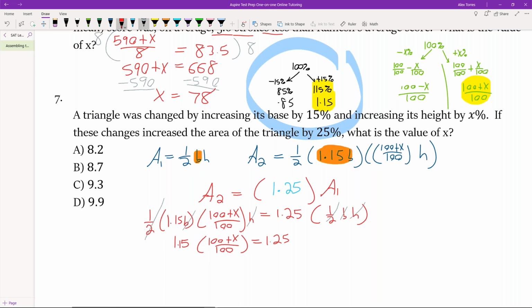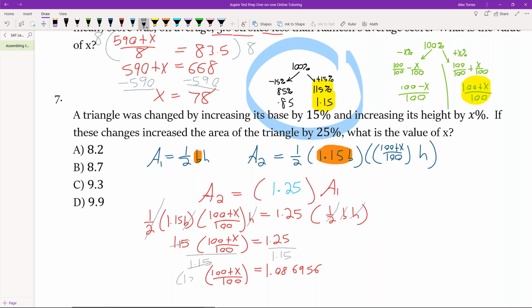So another really simple way to proceed from here is to just divide by 1.15. So that actually gives you, on the right-hand side, 1.086956. It's a never-ending decimal, an irrational decimal. And on the left, just the 100 plus x over 100, because the 1.15s canceled away.